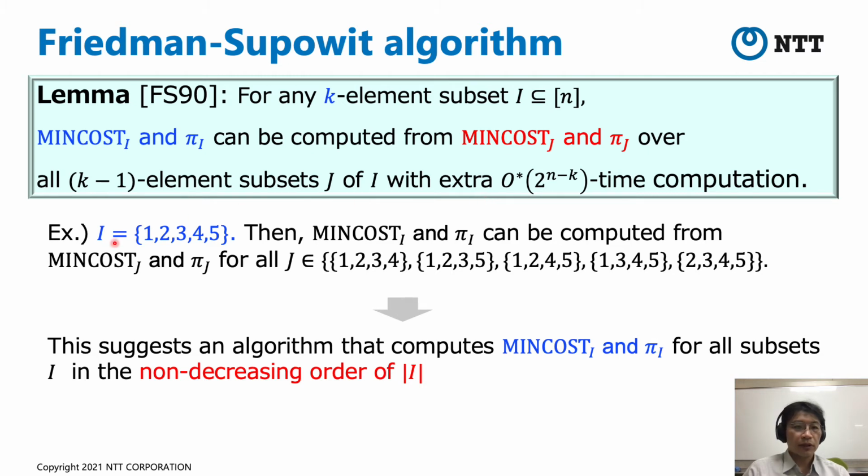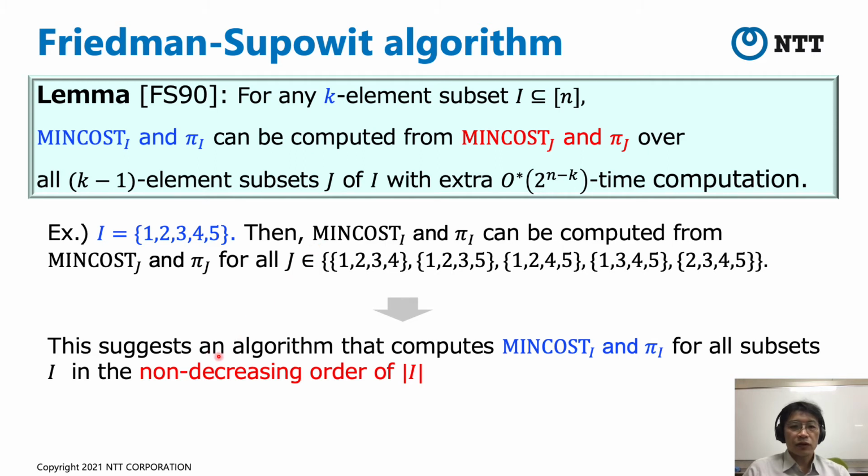For instance, if we assume I is the set {1, 2, 3, 4, 5}, then min cost I and pi I can be computed from min cost J and pi J for all 4-element subsets of I.